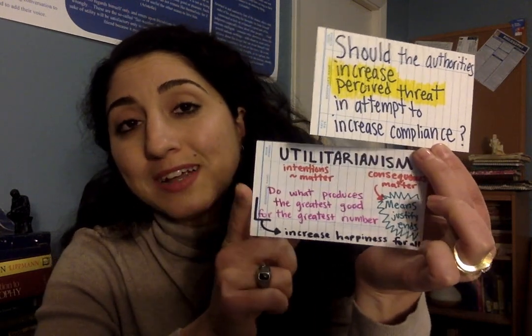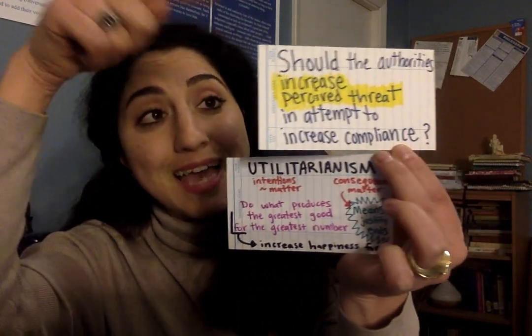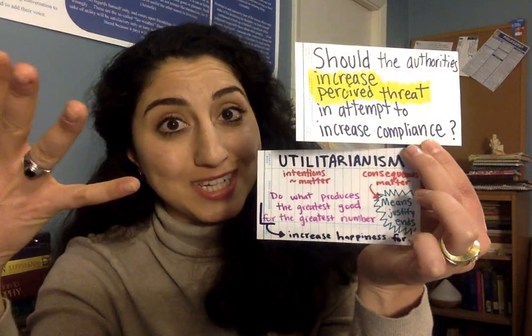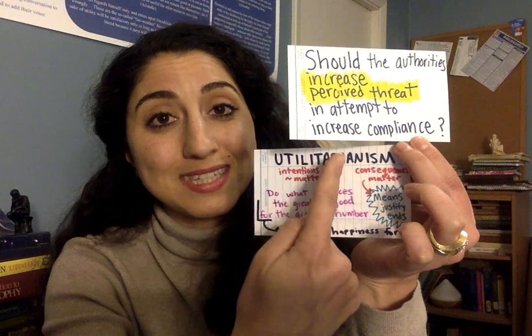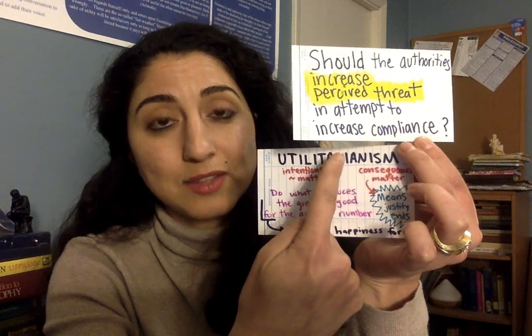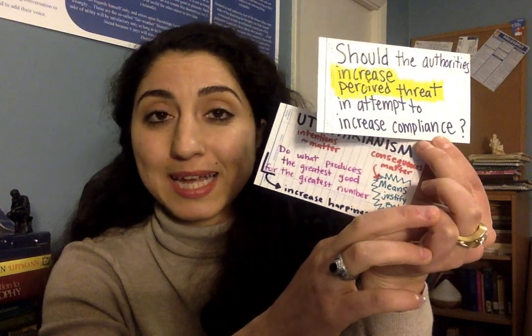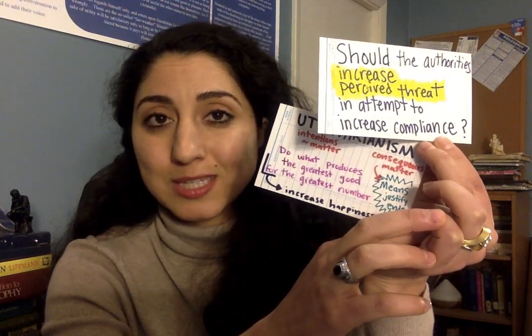So the utilitarian would say, yes, authorities are allowed to and should artificially increase the perceived threat so that people are more likely to comply with the recommendations.